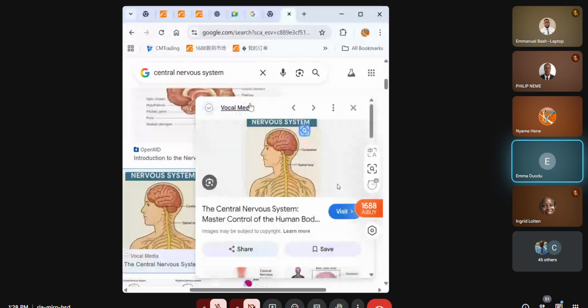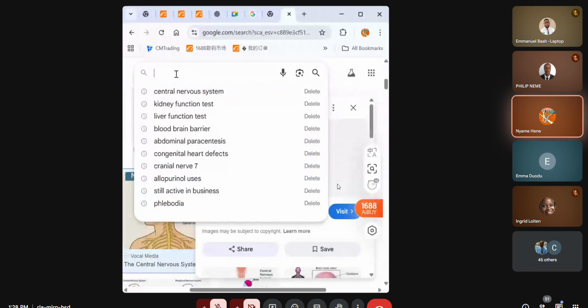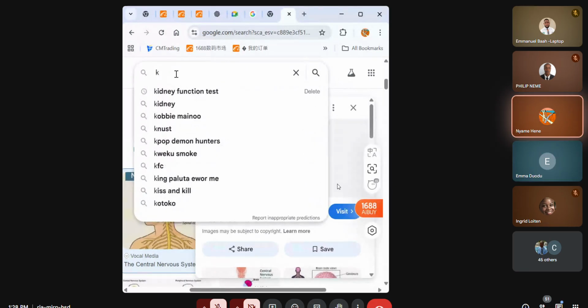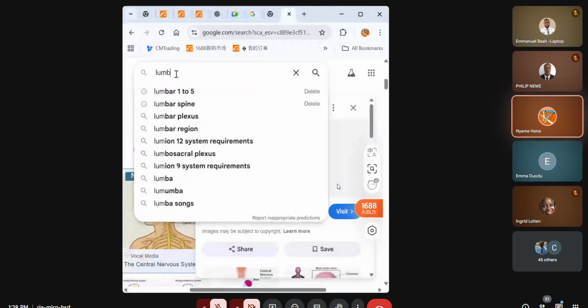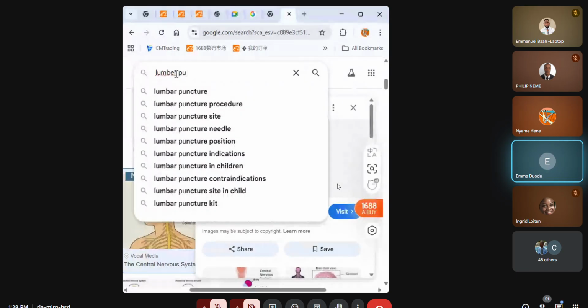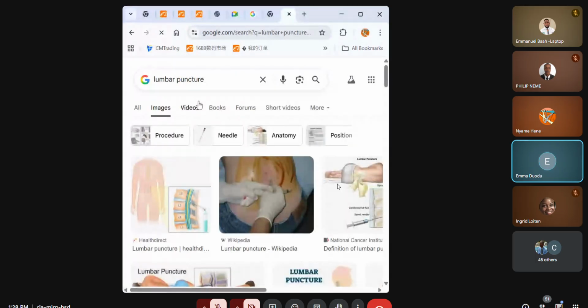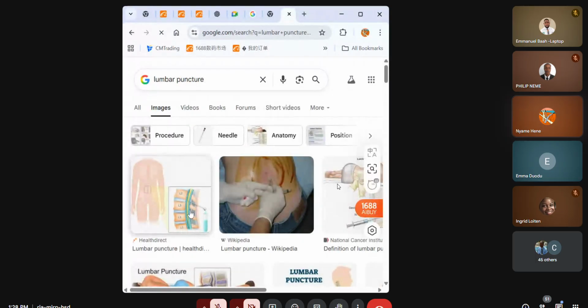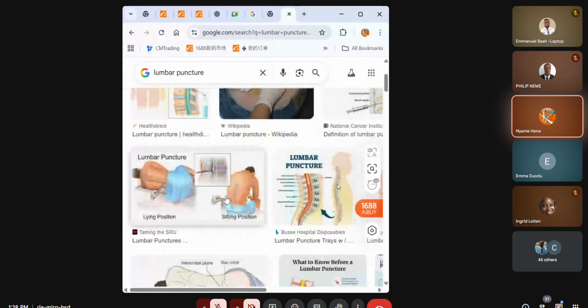So let me search for lumbar puncture. So you see, normally this is how it's done. This is what the biochemists do, and sometimes even clinicians do it.